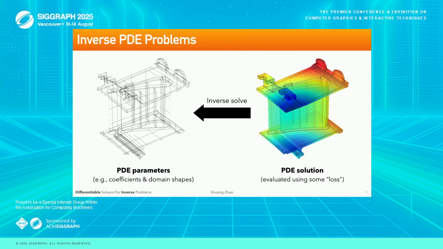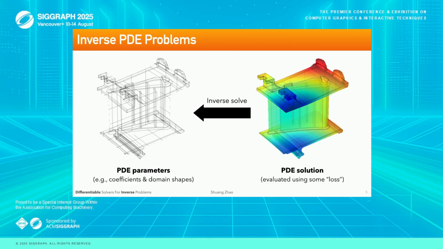So in this case, what we have is either a solution of the PDE as some sort of a measurement, or a loss of the solution that quantifies how good the solution is.